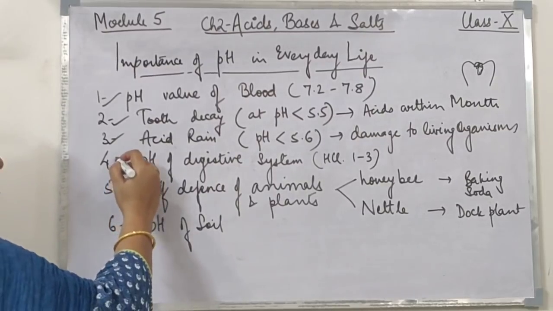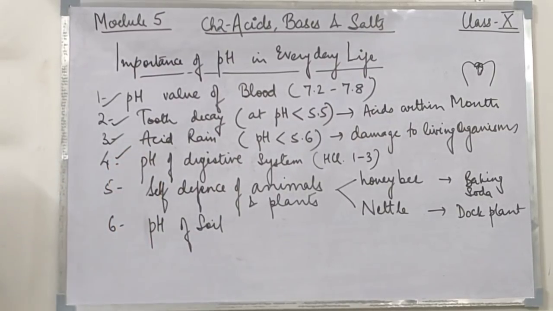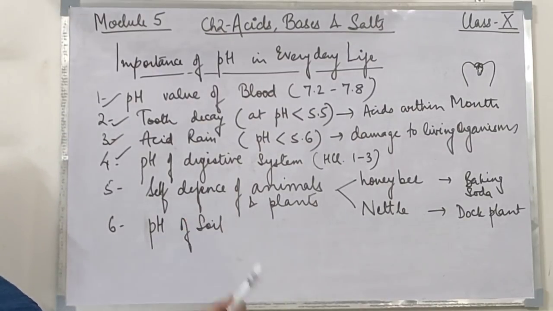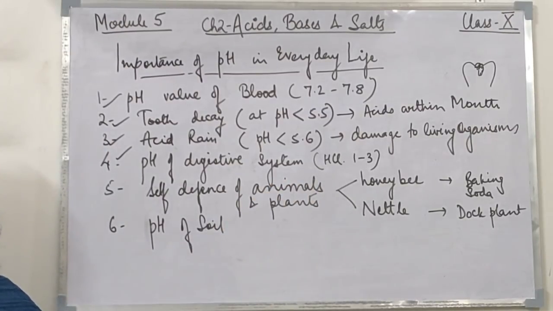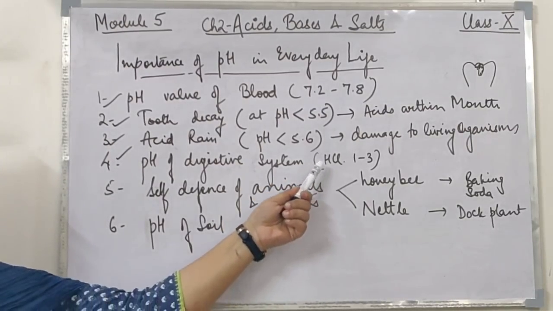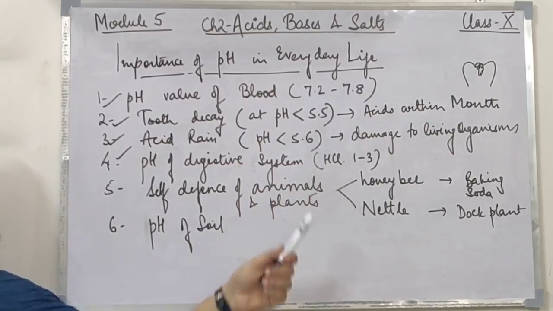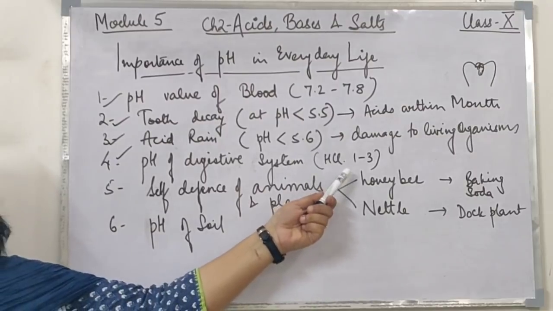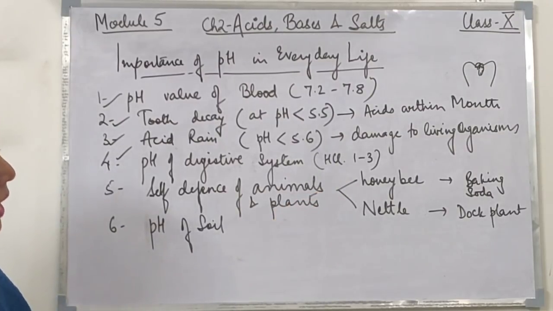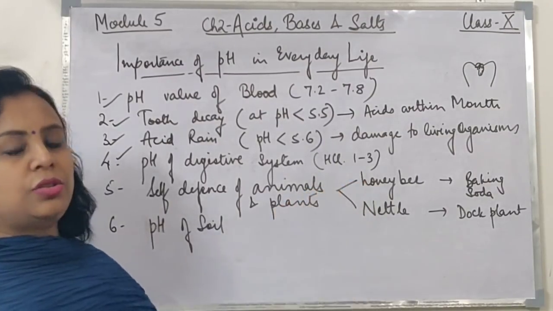When we talk about the next, pH of the digestive system, we talk about this very often. What happens when you eat? In your biology you must have studied that when the food reaches the stomach, HCl, hydrochloric acid, is released by the gastric glands, and the pH of this hydrochloric acid ranges from 1 to 3.